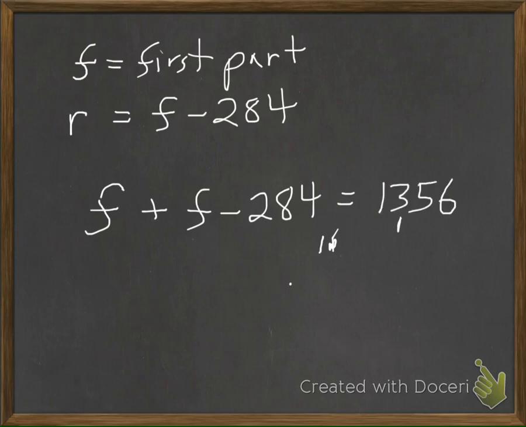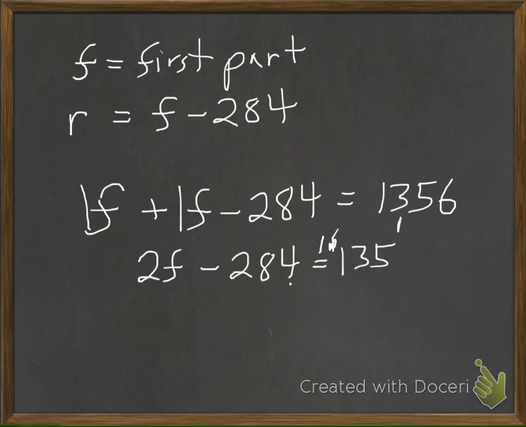Right? Now, before we solve this, though, we need to do what? Combine like terms. Here I have 1F and 1F. So that gives me 2F minus 284 equals 1,356.